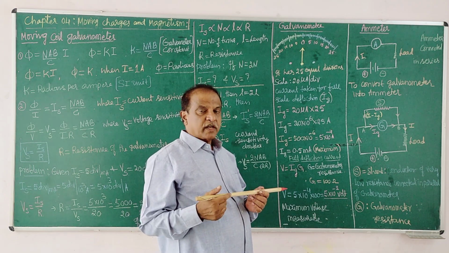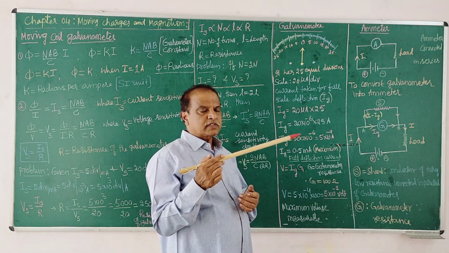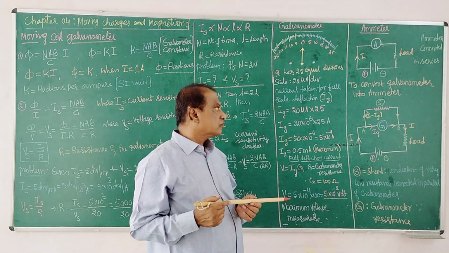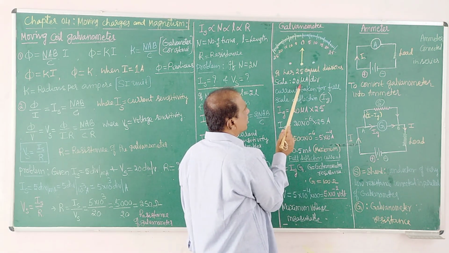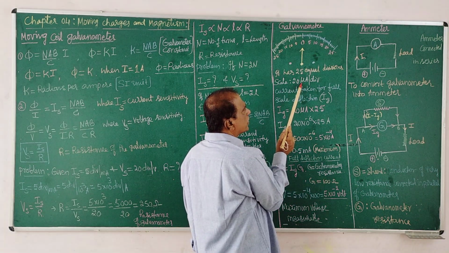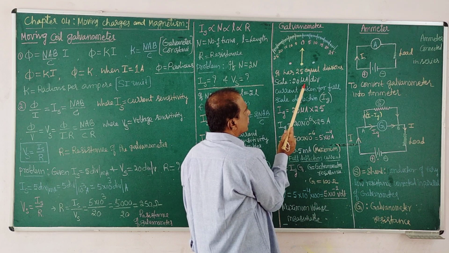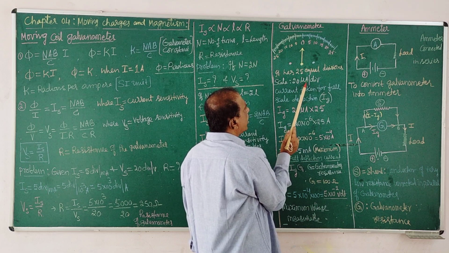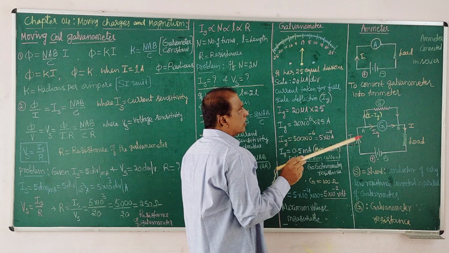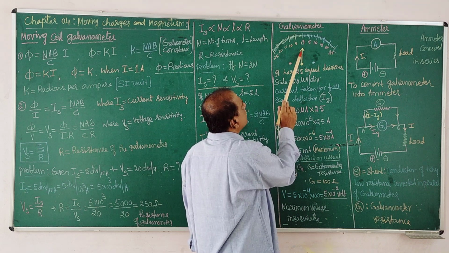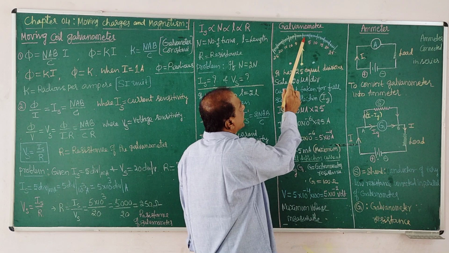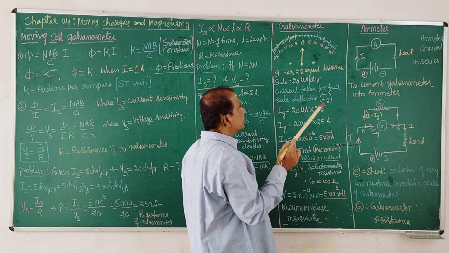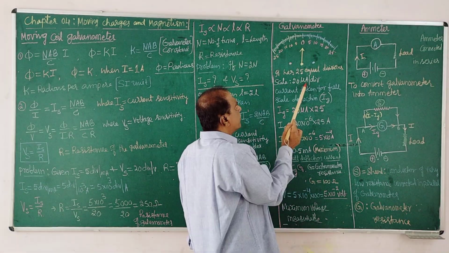Sometimes the scale is mentioned as milliamp, and that sensitivity is a little lesser. Microamp is a sensitive galvanometer. It can record even microamps. What is the scale? 20 microamp per division. What does it mean? If the needle deviates and is directed to one division, the current flowing through the galvanometer is 20 microamp.